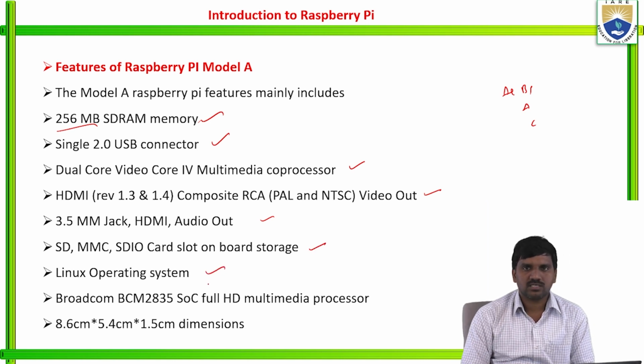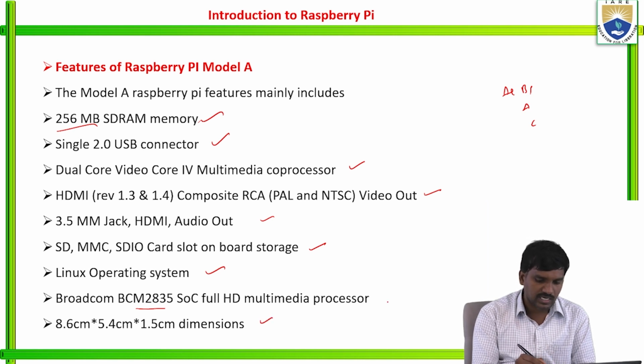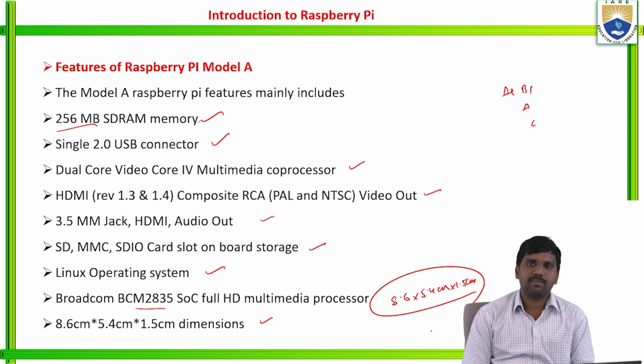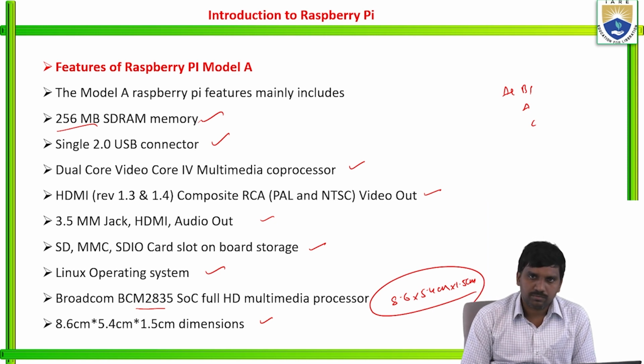It is supported with the Linux operating system, Broadcom BCM2835 system on chip multimedia processor. The dimensions are 8.6 by 5.4 centimeters, and the width is 1.5 centimeters. So these are the dimensions of Model A.